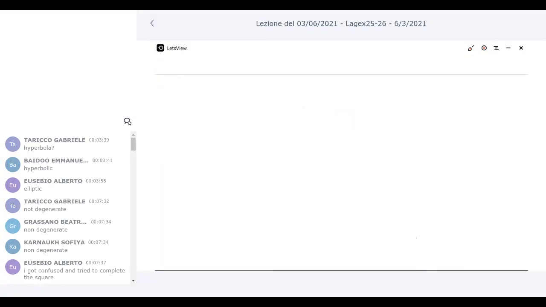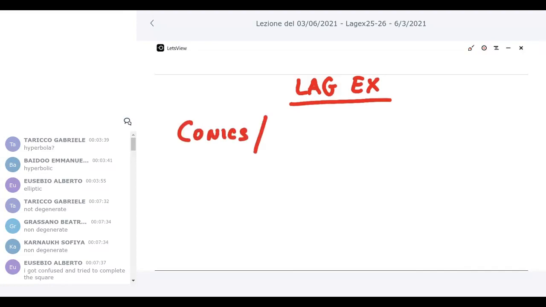So the idea is to go through last week's topics. So we will do exercises today. And what I would like to do is something on conics because we didn't cover them last time.